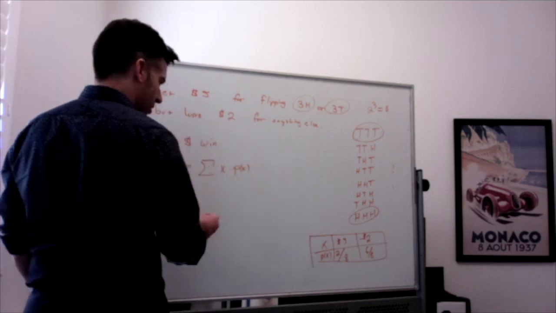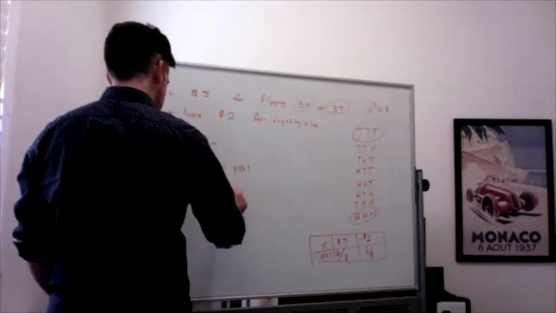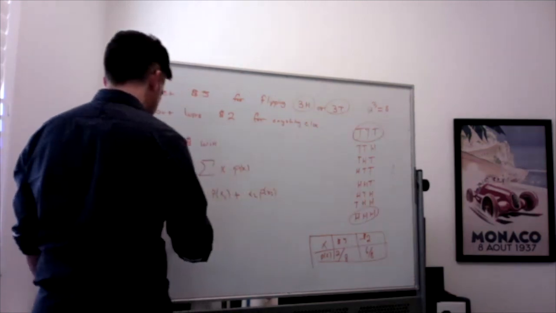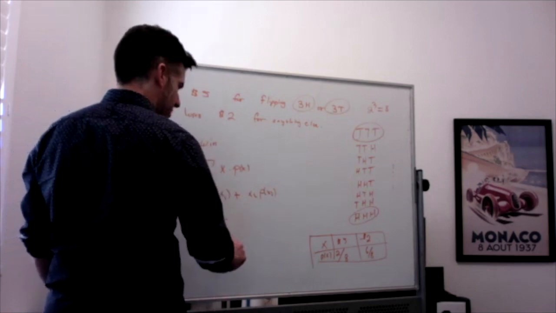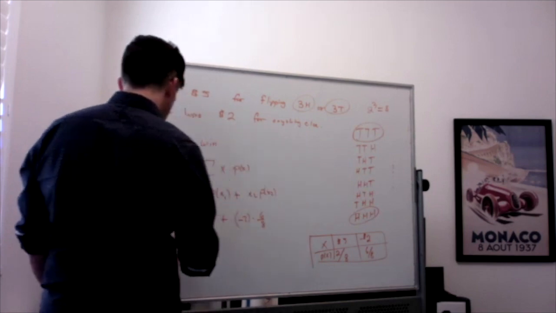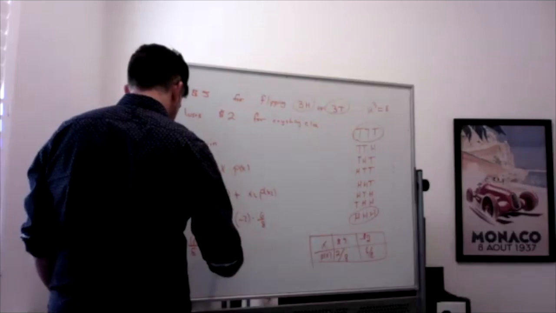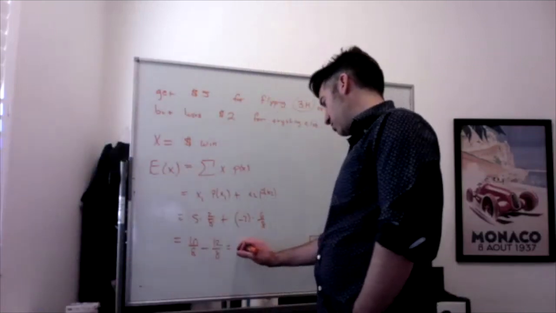That's going to be x1 times p of x1 plus x2 times p of x2. That's going to be 5 times 2/8 plus -2 times 6/8. So you end up getting 10/8 minus 12/8, which is going to equal -2/8, or -1/4.